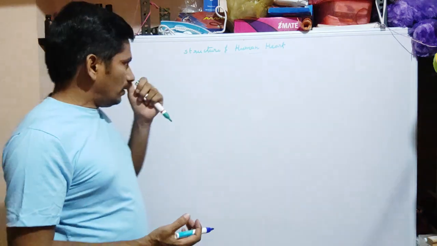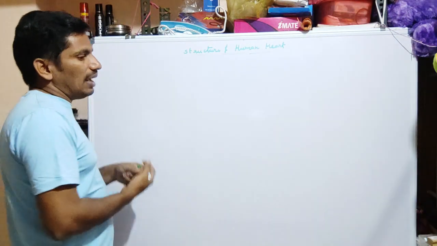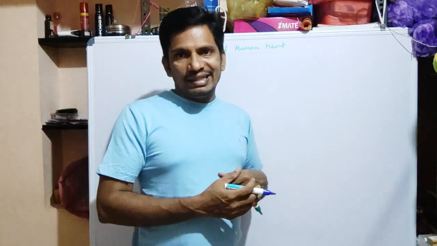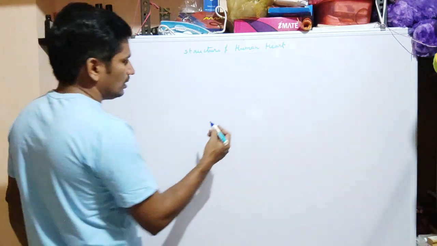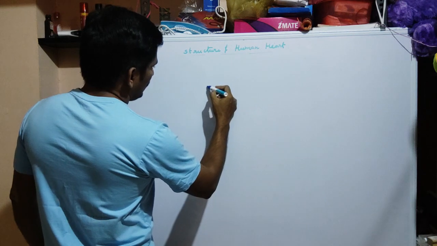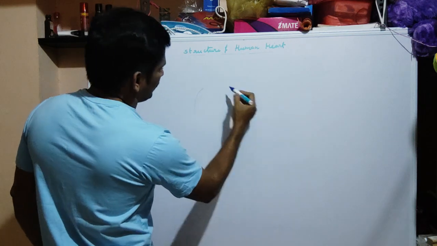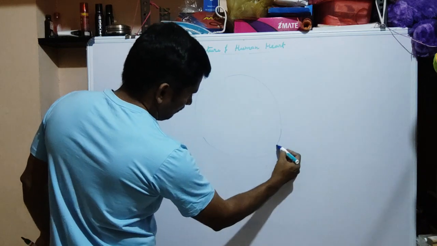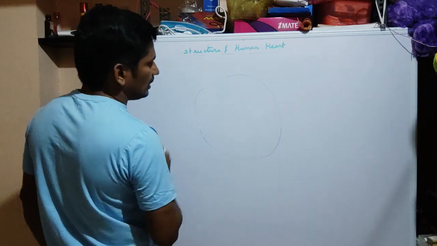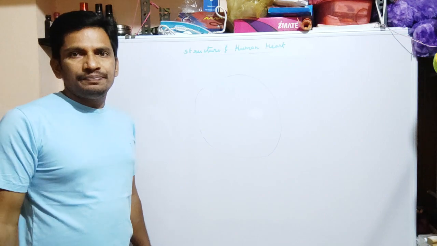Got it? Now first I am going to draw the diagram, and I will show how easily you can draw it. It's not difficult if you follow these steps. This is the oval shape. First I have to draw it lightly. That's the oval shape.